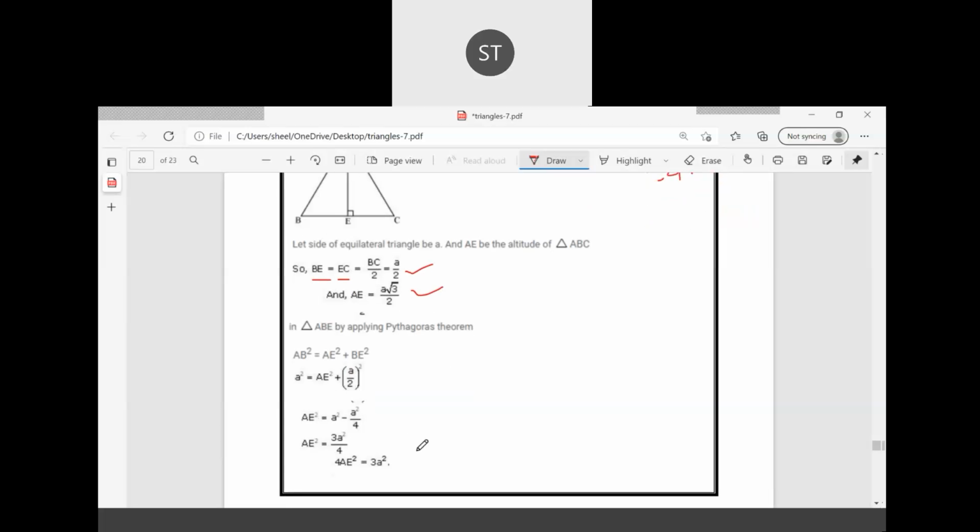Cross multiplying, we get 4AE square equal to 3A square. A square means any side, you can go for AB, BC, or AC only. So we got it. This idea is the main basic thing you must know: one is the median property, one is the altitude value. Then we can do this type of question, the last one and this also.